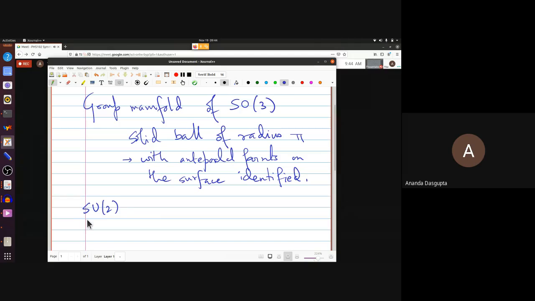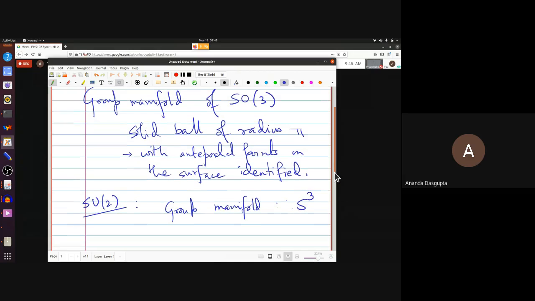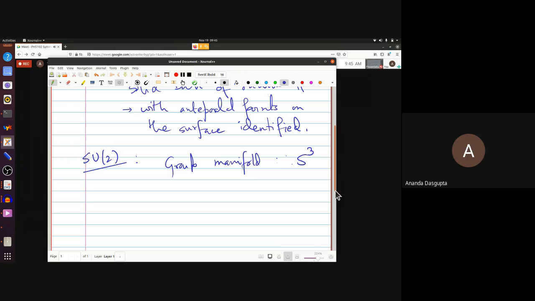SU2, on the other hand, has a group manifold S3. Although S3 of course is a bit more difficult to visualize than S2, which is the one we have experience in, it's easy to understand that S3 has the same kind of properties as S2.